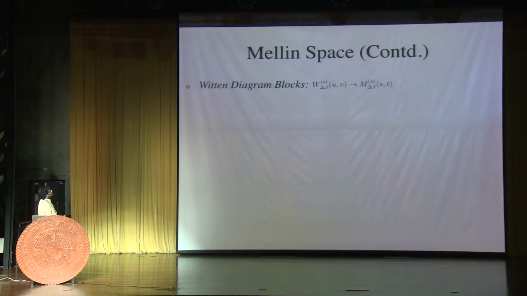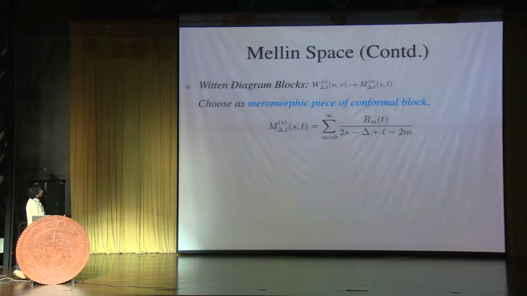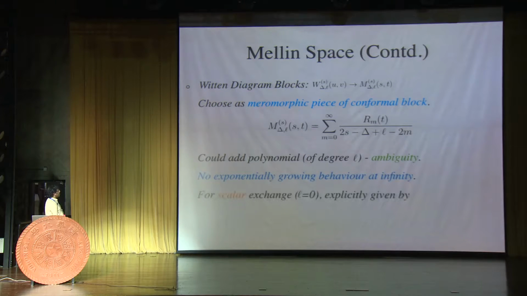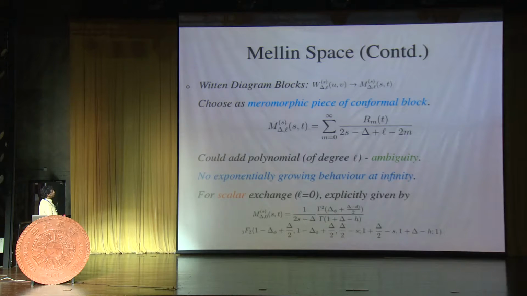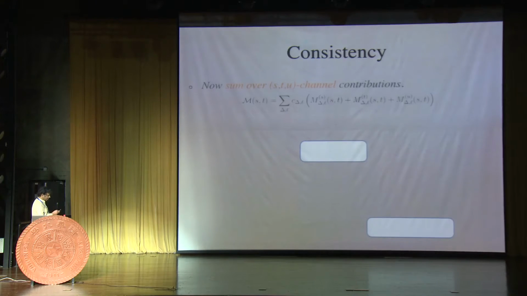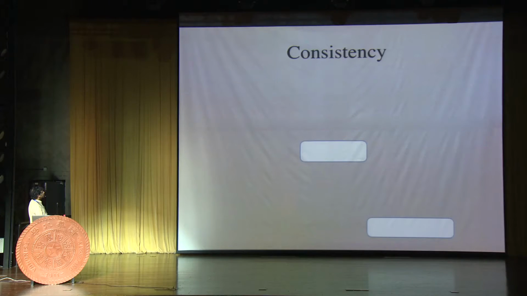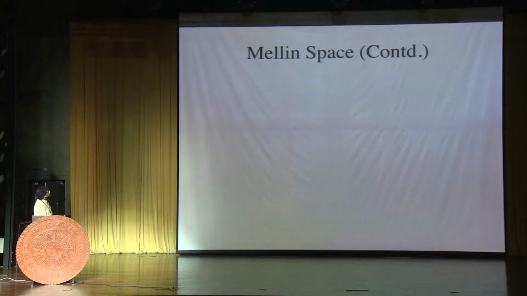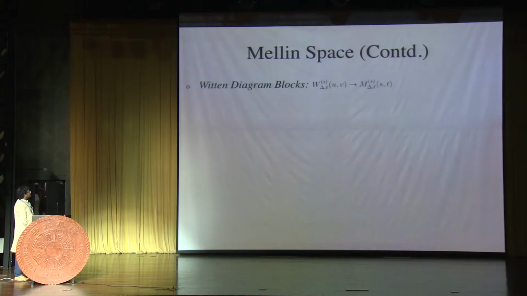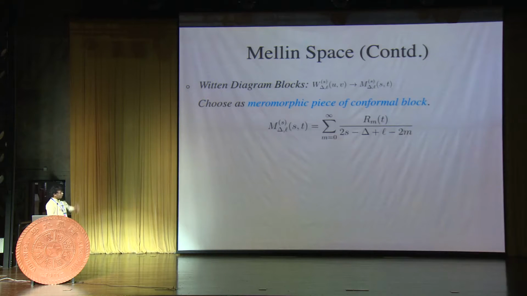So what about the blocks that we are now considering built from Witten diagrams? There's some ambiguity in the choice of these building blocks, but it's known that the meromorphic part of the conformal block coincides with the Mellin version of these Witten diagrams.